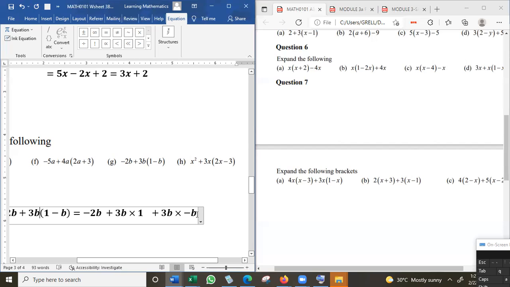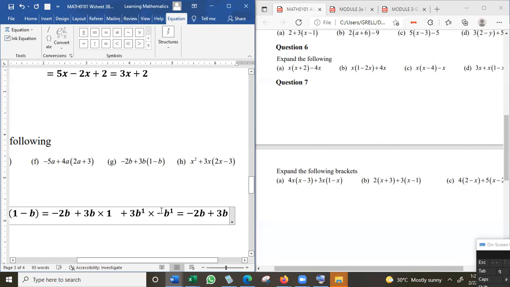So we carry along the minus 2b we had there. And a plus 3b times 1 is 3b. And a plus 3b times a negative b, bear in mind there is an exponent of 1 above the b.